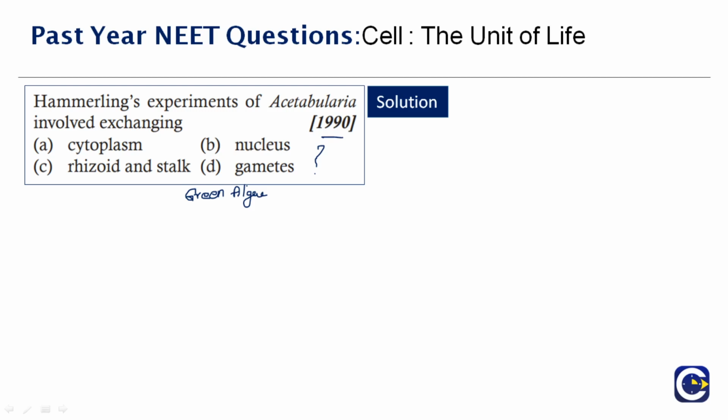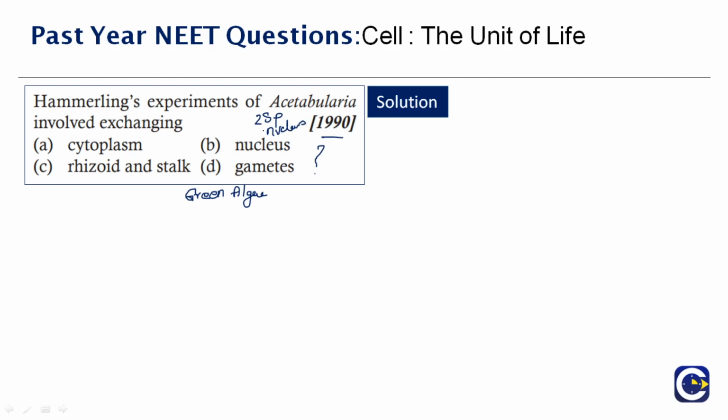You're given 4 options here: nucleus, gametes, cytoplasm, rhizoid and stalk. It is obviously not cytoplasm and obviously not nucleus. It should be either C or D. As he took 2 species from the same genus, he saw differences in shape of their caps, then differences in the nucleus, and many more other stalks.